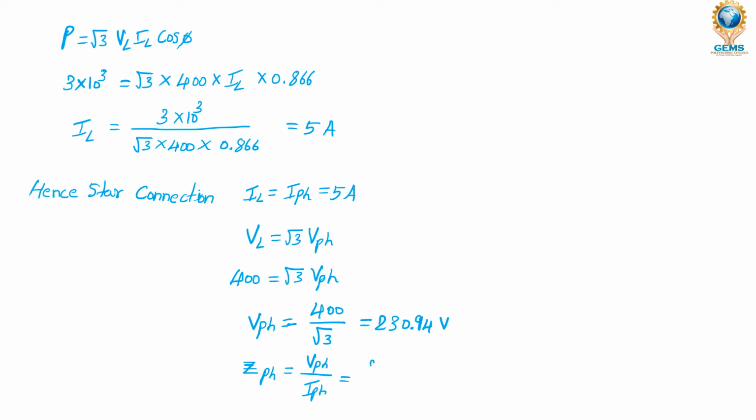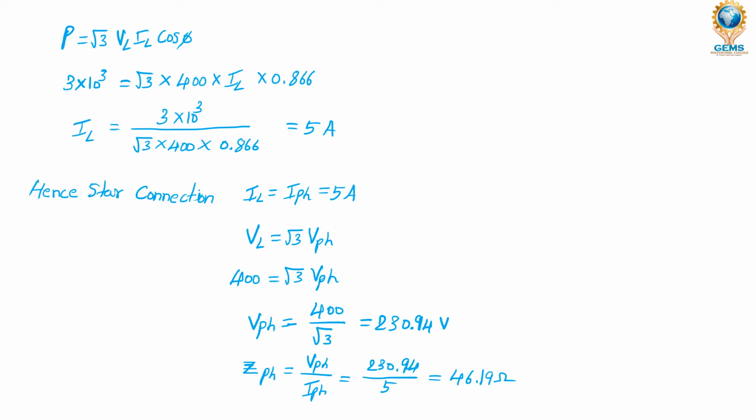What is the phase voltage? 230.94 by I phase, which is 5 amperes. Then we will get the impedance value 46.19 ohm. This is the impedance value.